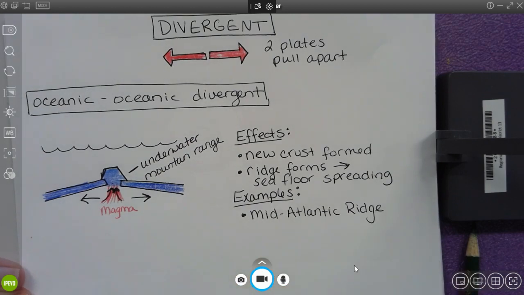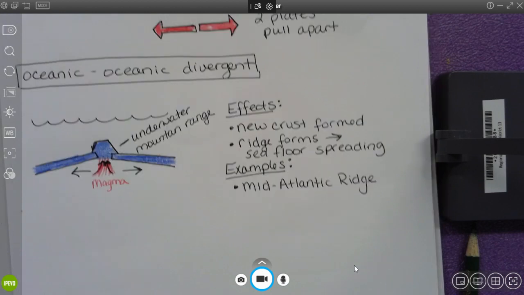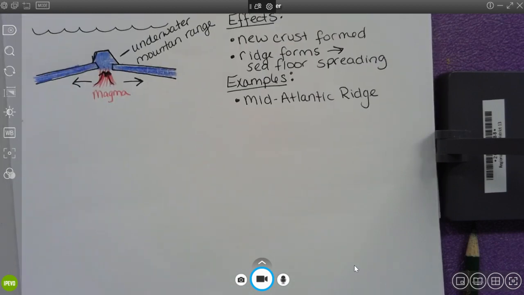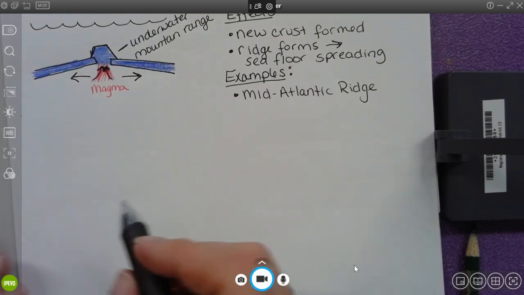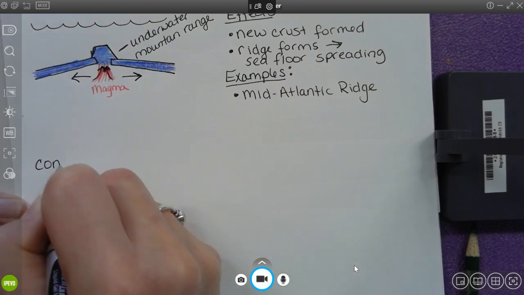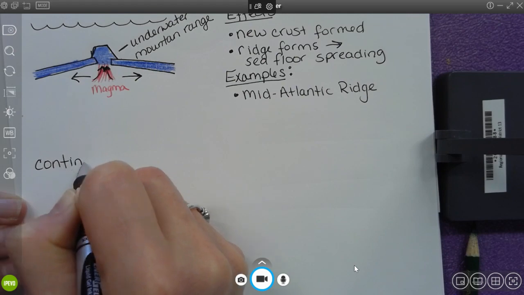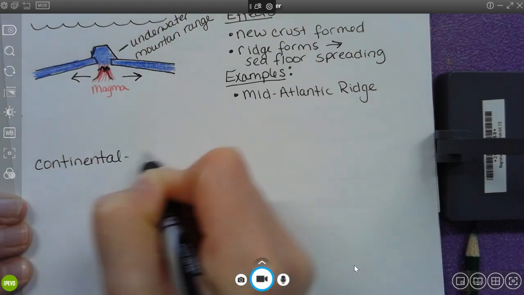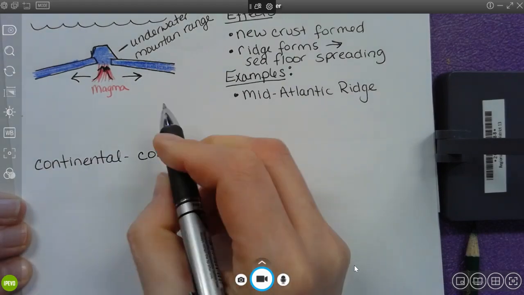Okay, so now we're going to go on to our next type of divergent plate boundary, and that has to do with continental crust. So in this case, it's called a continental divergent.